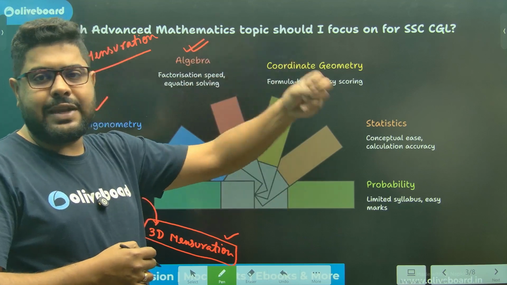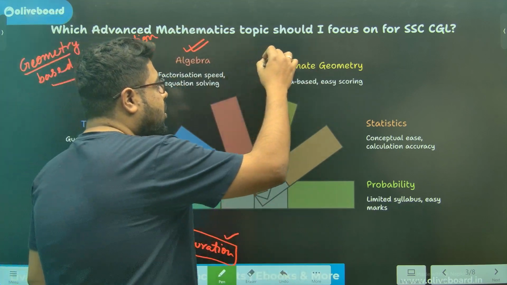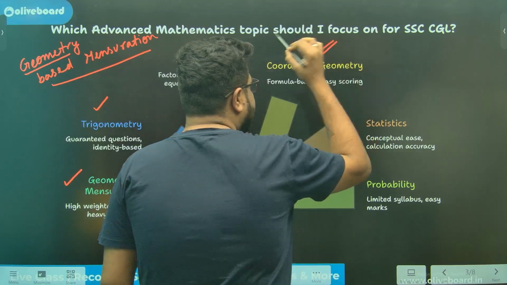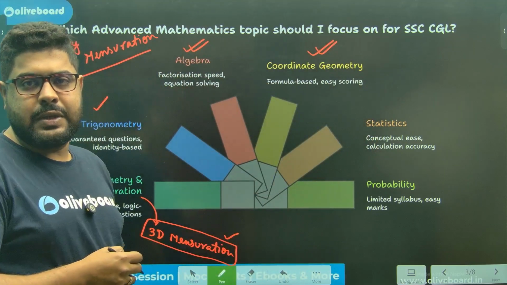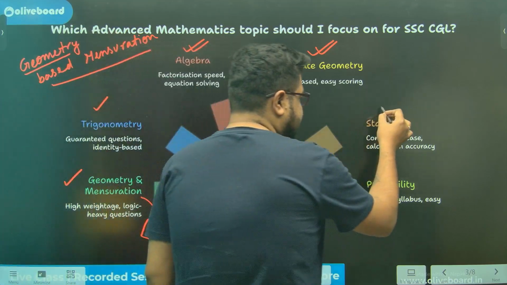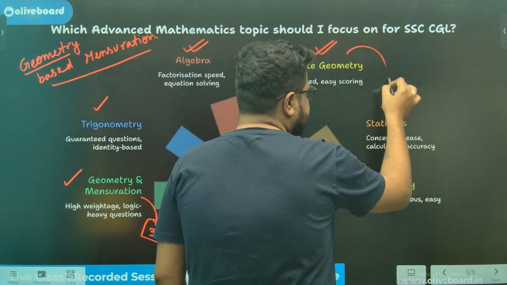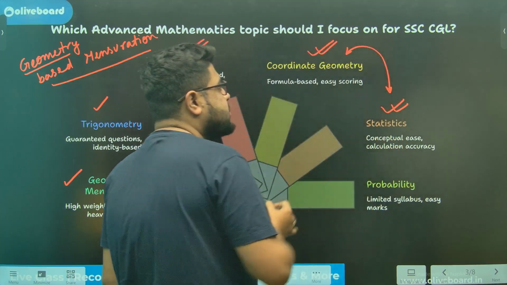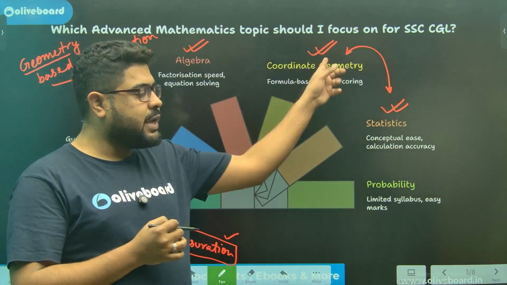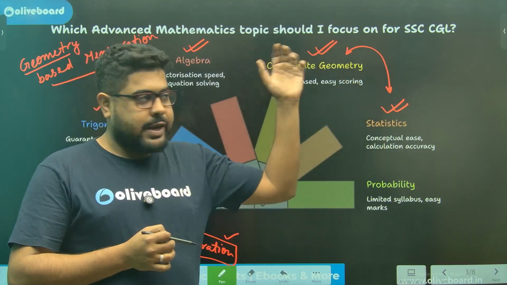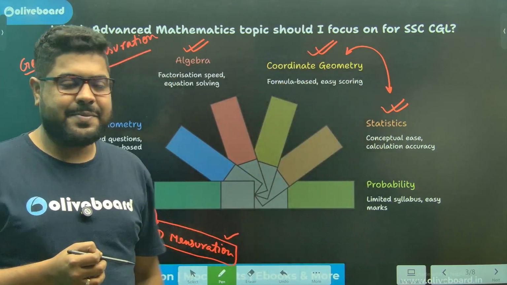Again, from next year's exam, coordinate geometry will be one of the most important things. Statistics, again, these two topics, remember, the weightage of these two topics has suddenly increased, so prepare them properly. I'll give you formulas from there as well.